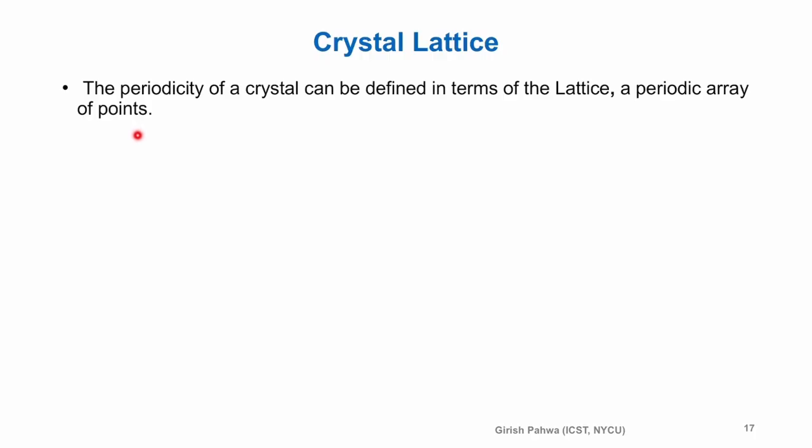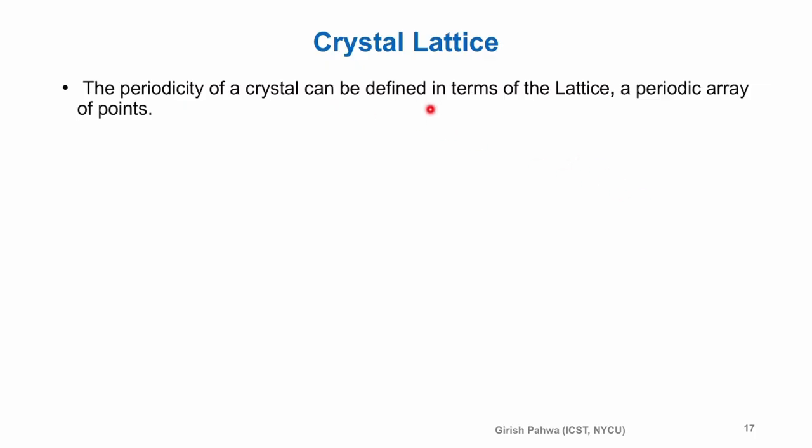Periodic array of points in 1 dimension, 2 dimension, or 3 dimension, whatever your system is, you can arrange the points in 1D, 2D or 3D. So that's called crystal lattice, that periodic array of points.